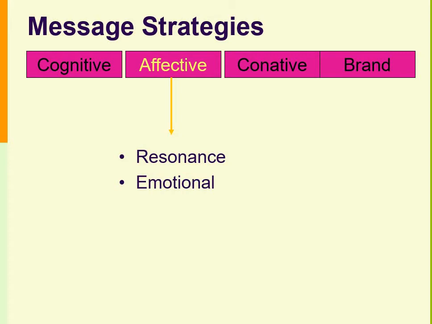The master molding form Meri Nanni Kali Ne Gar Ko Chali series. If we see in this, we can have both the subtypes of the affective message strategies, which is actually the resonance and the emotional.